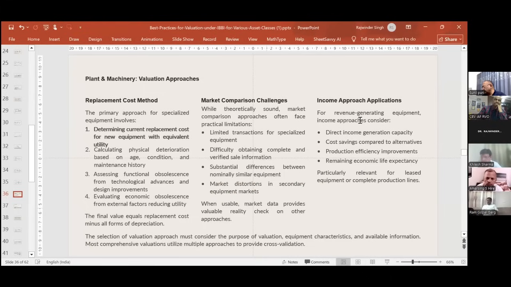And the third approach is the income approach, and how it is applied in case of plant and machinery. For revenue generating equipment, the income approach considers direct income generation capacity.